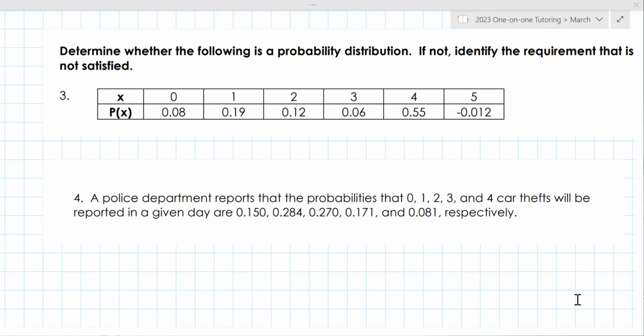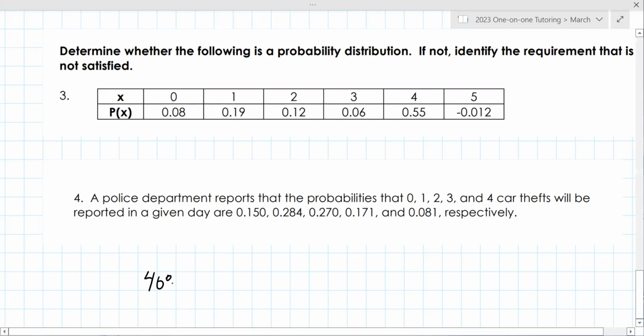Okay. Now, have you ever looked at a weather forecast or weather app or something like that? Yes. All right. So I was looking at a weather app earlier, and it said something like 40% chance of rain.